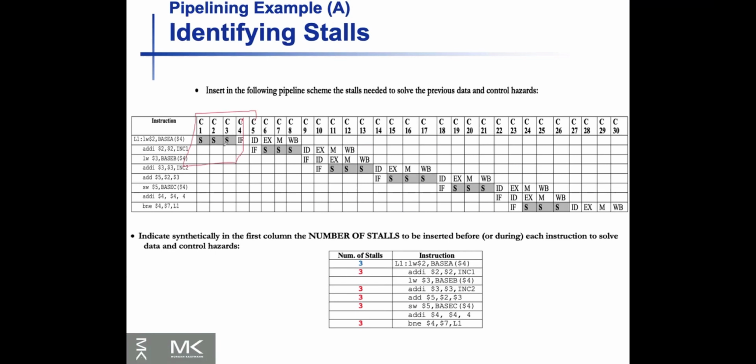These are from the control hazard of the previous instruction, where we didn't know whether we are going to come here or pass and execute the rest. That's why we need to have 3 stalls here.